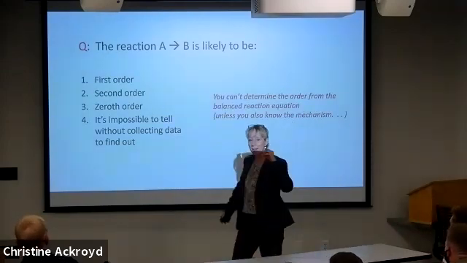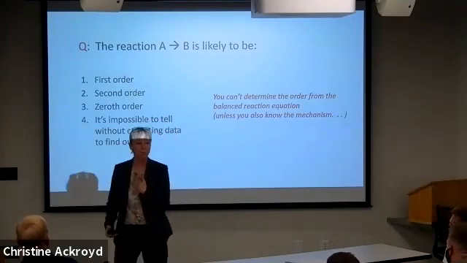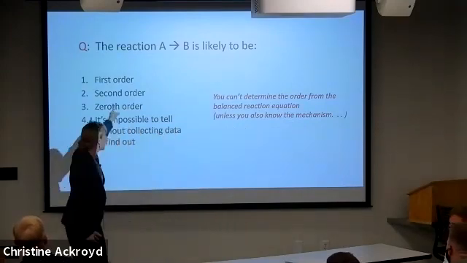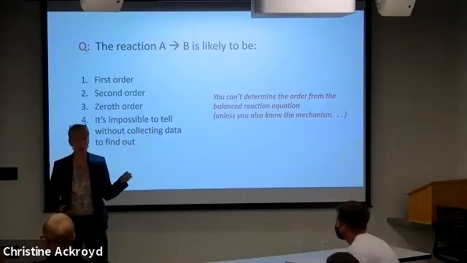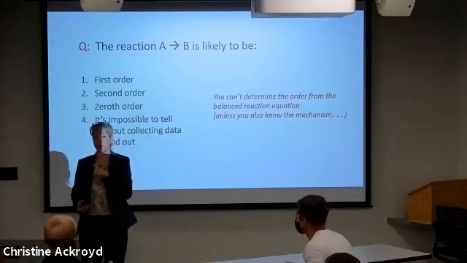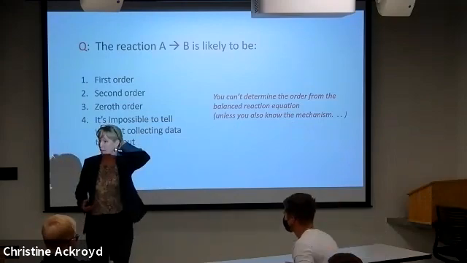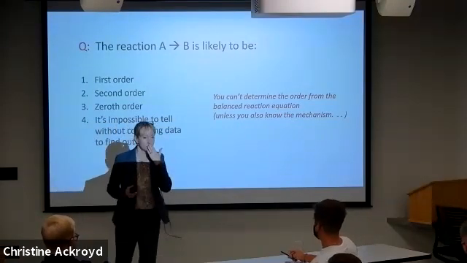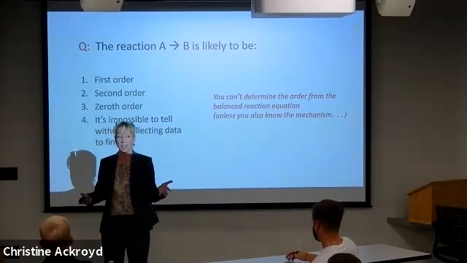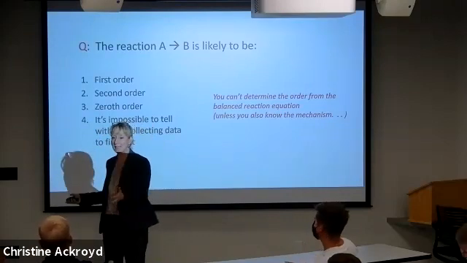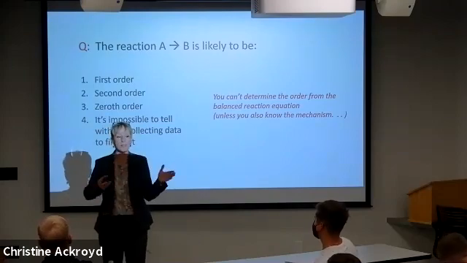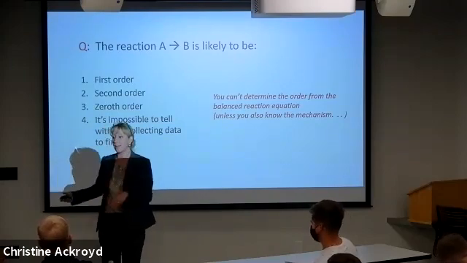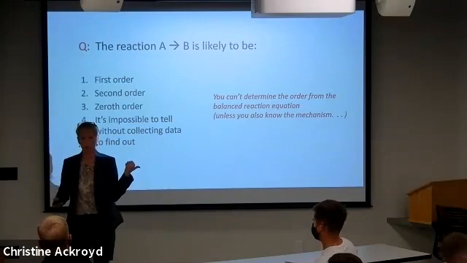The message that I want you to embed upon your soul is that we don't actually know. And we don't know unless we measure it to figure out what the rate constant is. Or, as we'll find out today, if we know what the mechanism of the reaction is, then we can figure out from knowing what the steps are in the actual reaction mechanism, what the order would be.